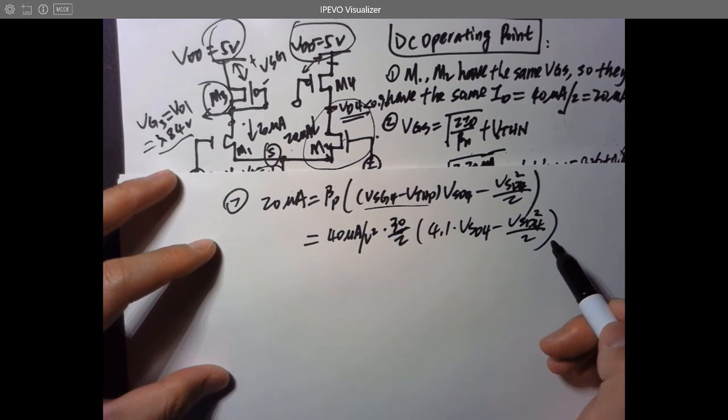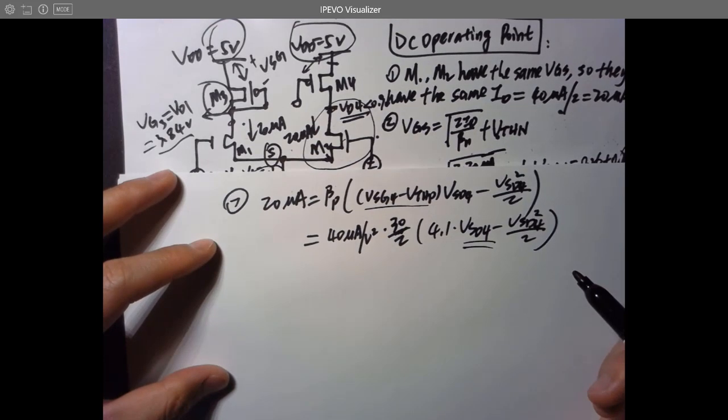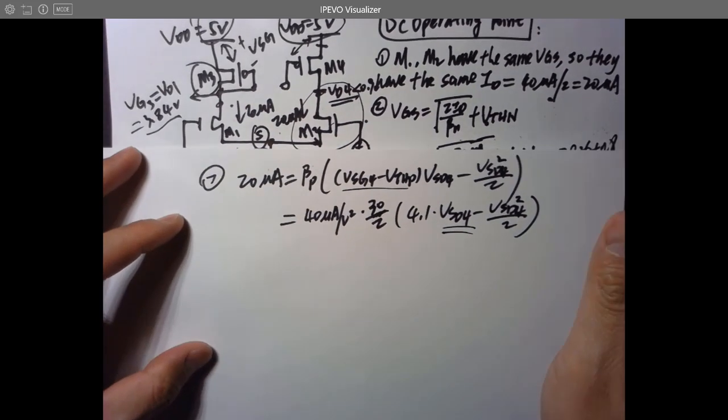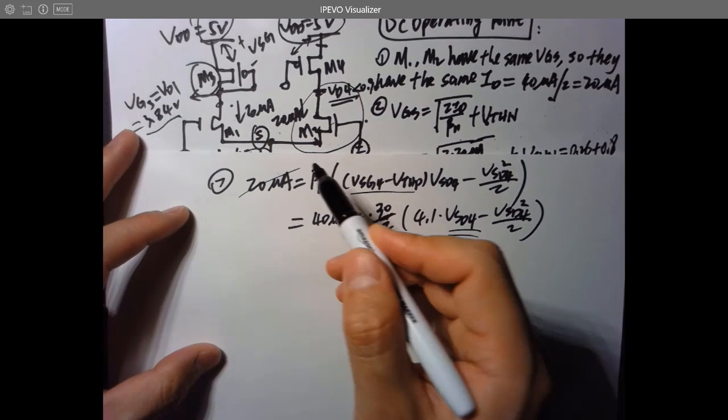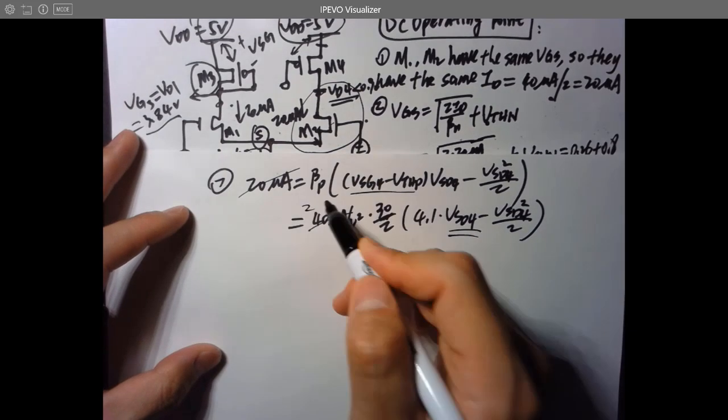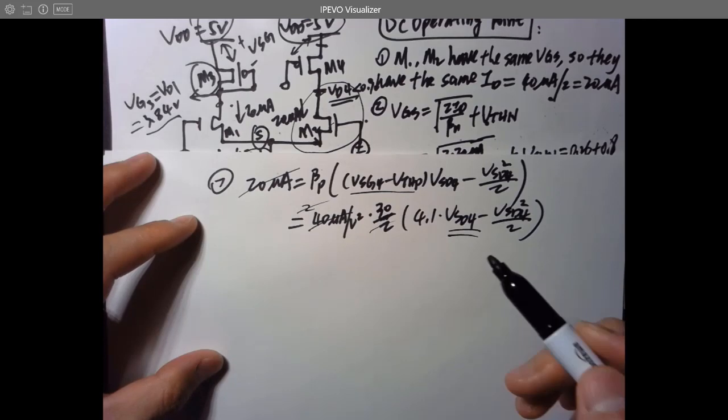So now let's solve for VSD4. It's a quadratic equation. You can cancel these two terms and get a 2 left, and the 2 gets canceled.